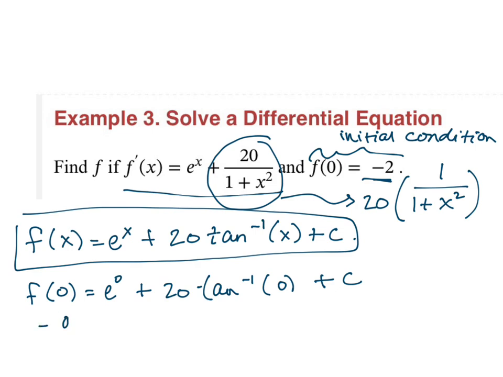So I'm going to have to set this business equal to negative 2, and I will solve for c. It's not always guaranteed to be your c. Here I am, playing the devil's advocate. You're going to have to plug in 0 and set it equal to what number they say is f of 0, and then solve for c.